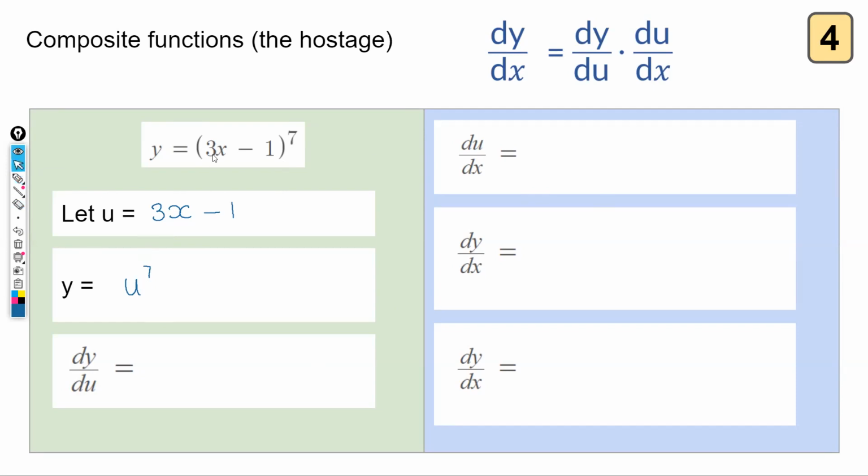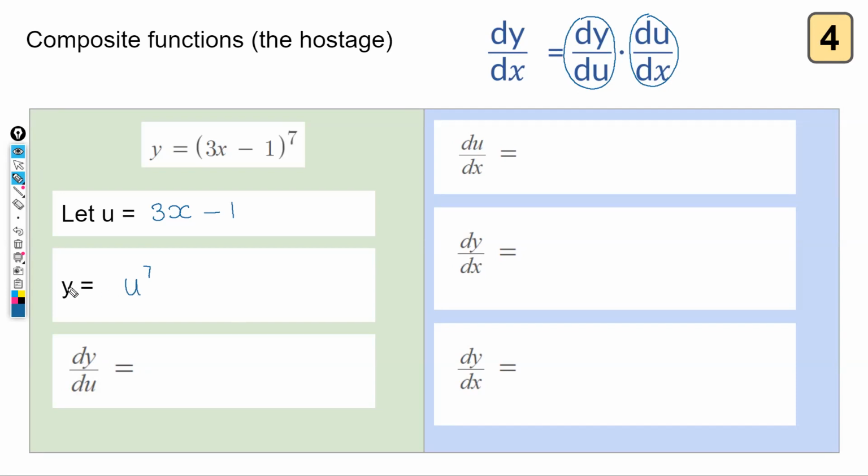Now, here's what we're going to do. Let's define dy/dx. All we have to do is find dy/du and then multiply it by du/dx. Isn't it possible to find dy/du? Because if it was y and x, when we differentiate it, we will get dy/dx.